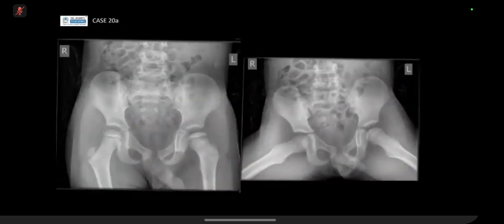This is a pelvic X-ray for a skeletally immature patient, showing at the left hip there is a widening of the joint space and decreasing of the left femoral head epiphysis, decreased in size and increased in density, shows sclerosis.